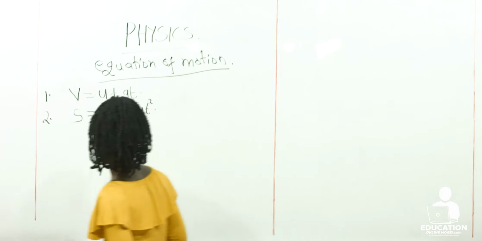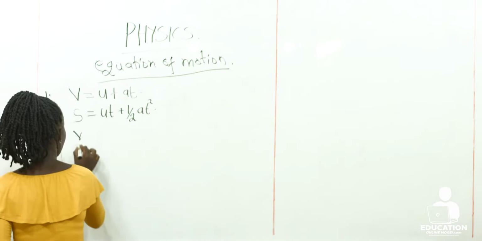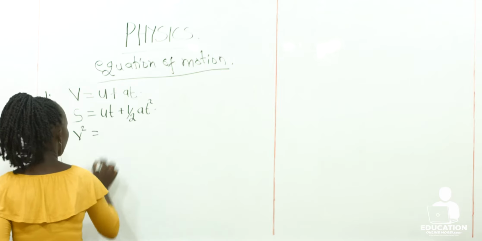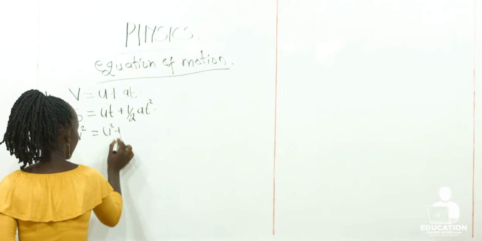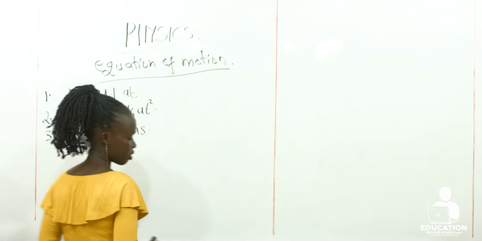So we have our third equation of motion as V squared is equal to U squared plus 2AS: v² = u² + 2as.